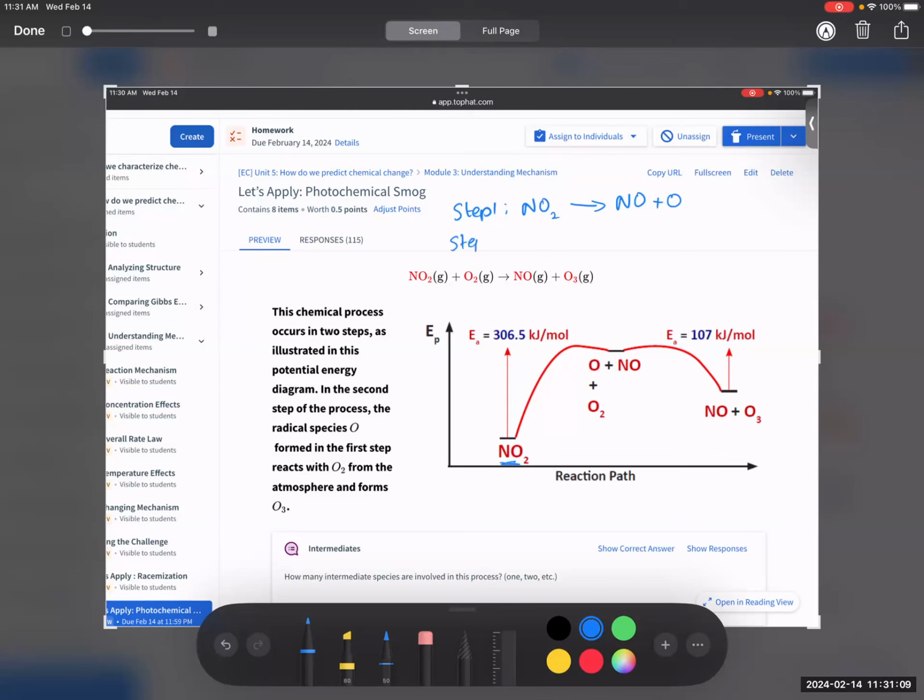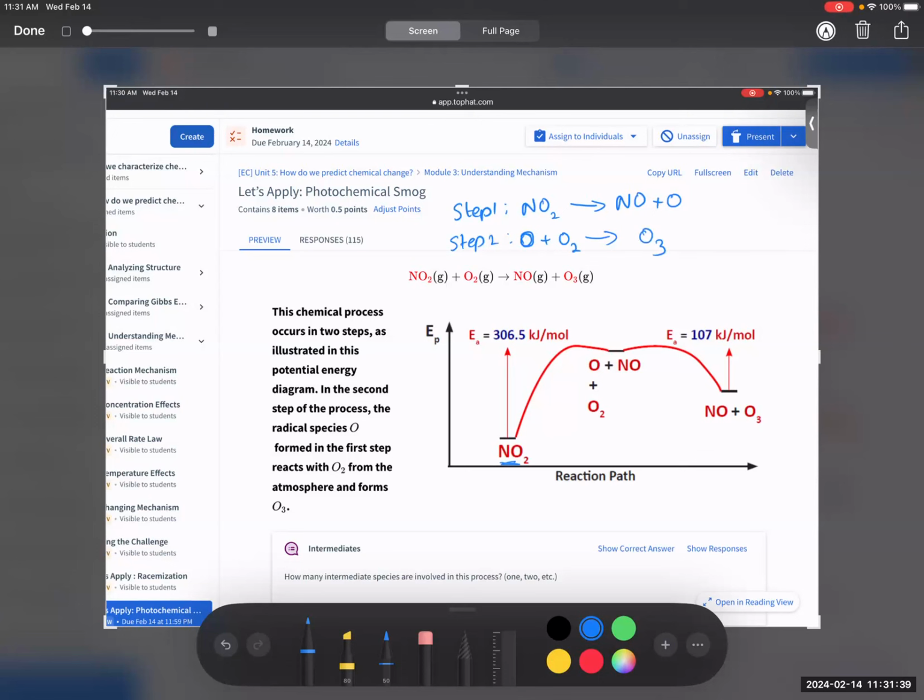And then step 2, we have that O, an oxygen atom, reacting with another O2 molecule to give us O3.